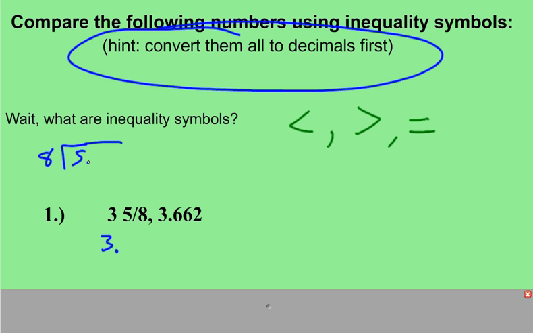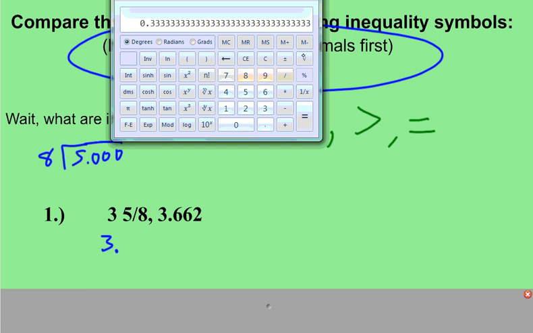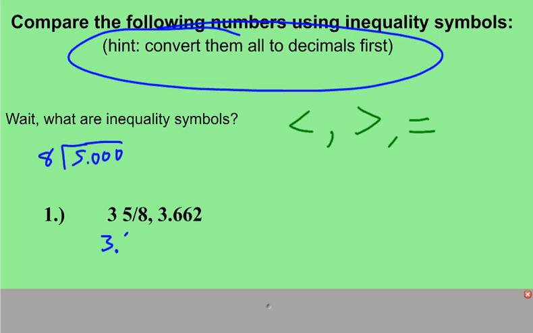And we can write out the work here and do that, or we can just take our calculator and do 5 divided by 8, which is 0.625. So this would be 3.625, and this would be 3.662.